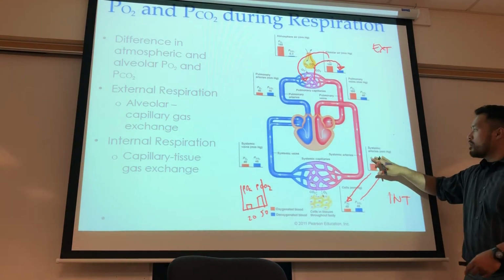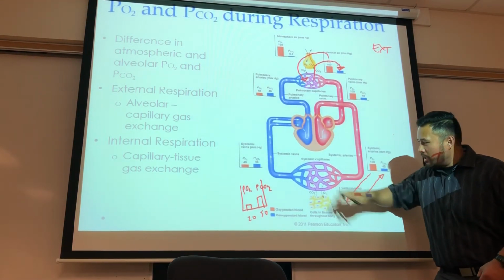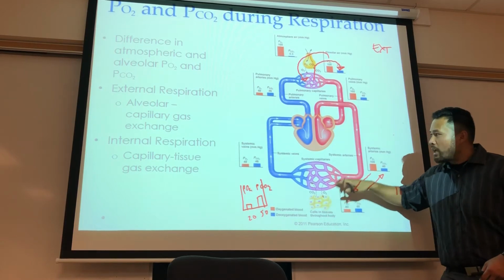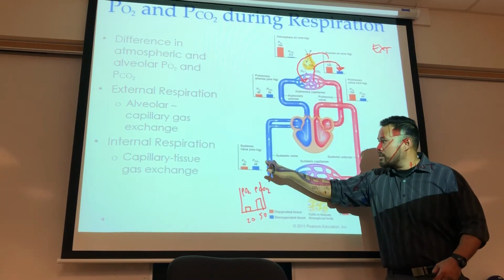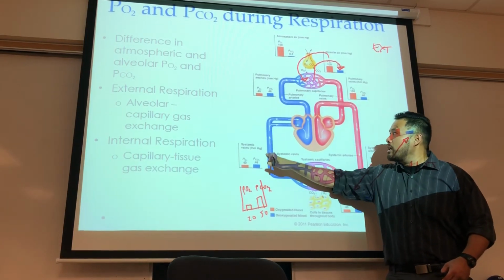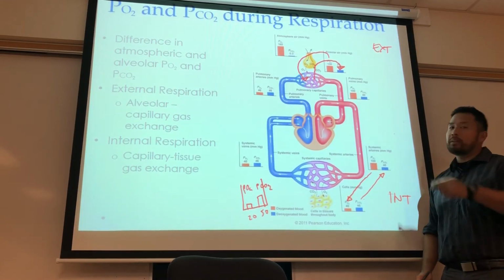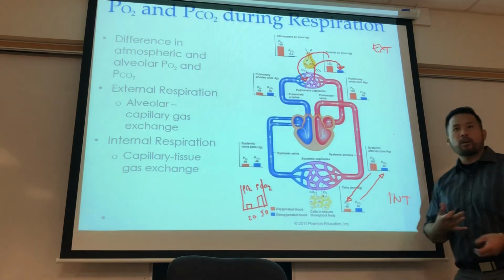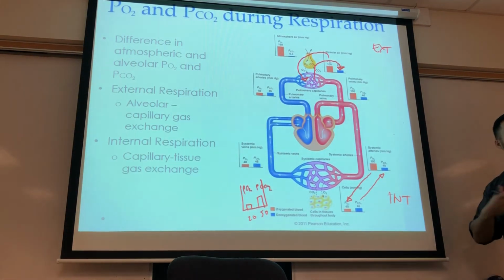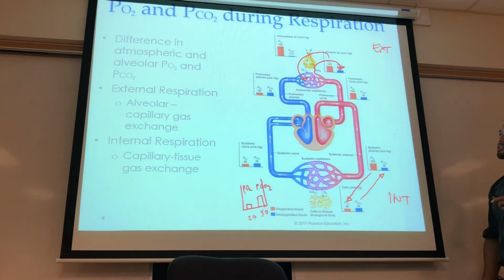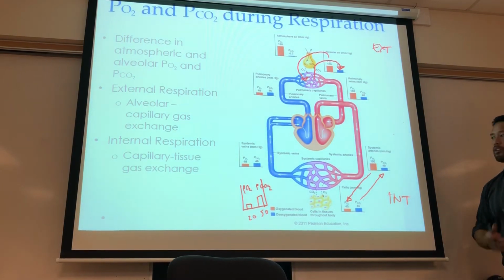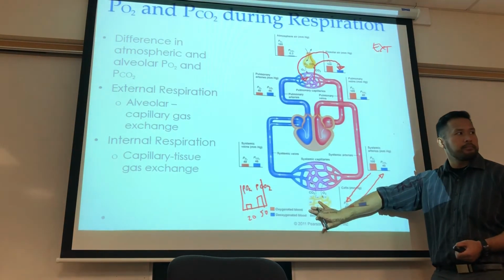That means I'm going to have more oxygen unloaded into the tissue, and my partial pressure of O2 leaving is going to be about 20, and then I'm going to increase the partial pressure gradient taking place in external respiration. So this is our way of picking up more O2 and unloading excess CO2 when needed by increasing the partial pressure gradients.